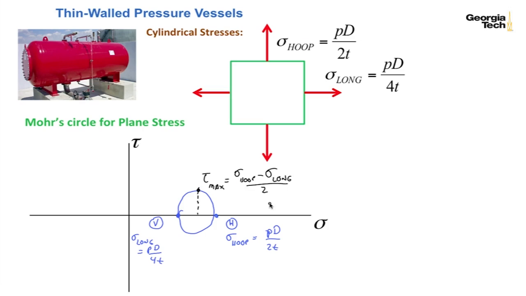And so the overall observation that I want to make again is that the hoop stress is 2 times the longitudinal stress. And so now we have that relationship between those two stresses in thin-walled pressure vessels, and we'll pick back up here next time.